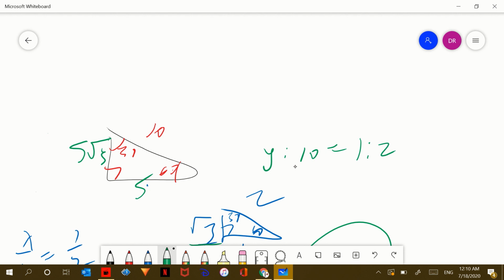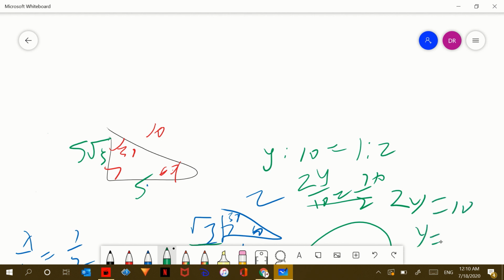So y over 10 is equal to 1 over 2, cross multiply. So multiply by 2, and then multiply by 10. So 2y is equal to 10, divided by 2 is 5. So we get y is equal to 5.